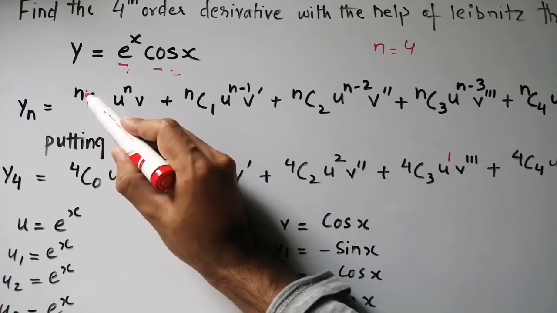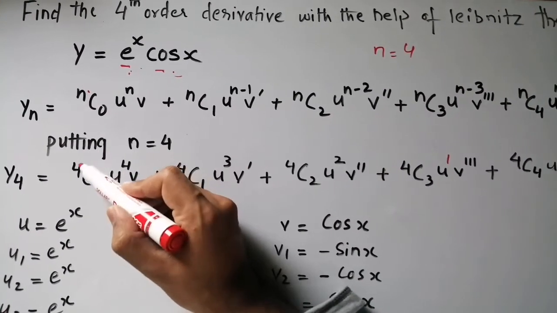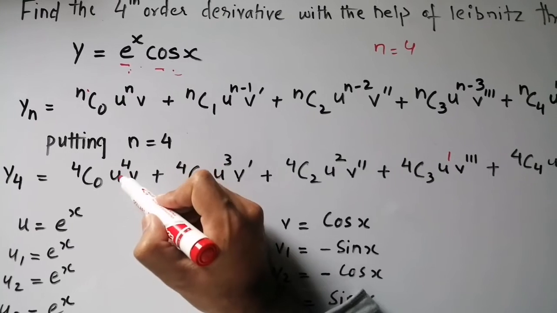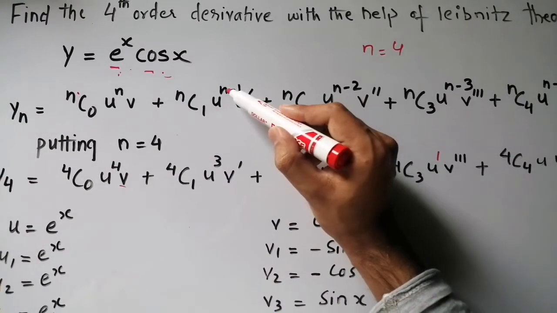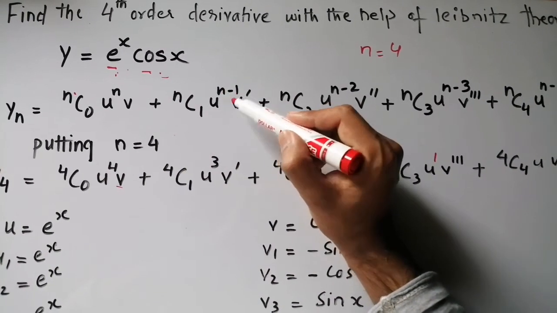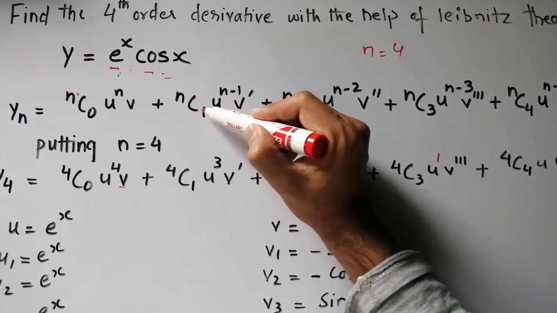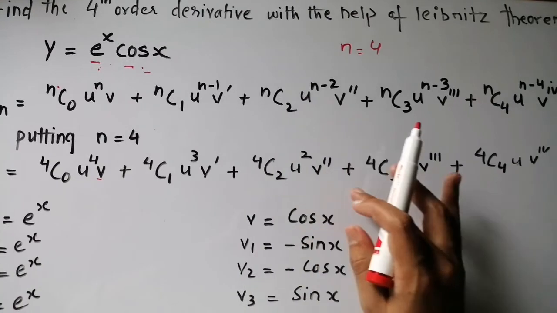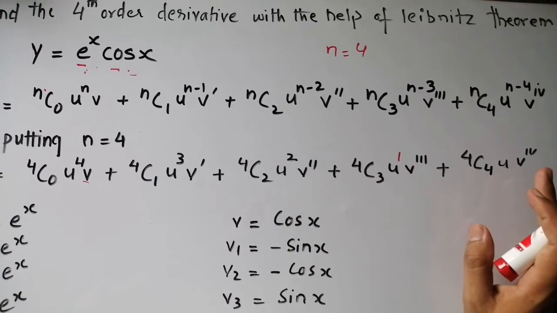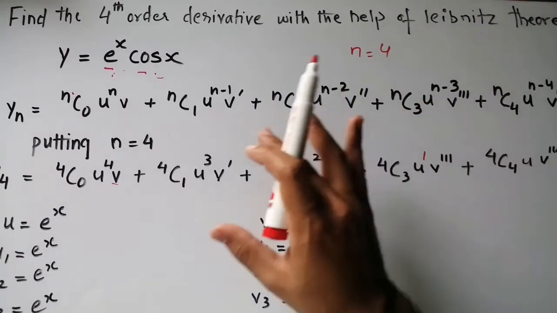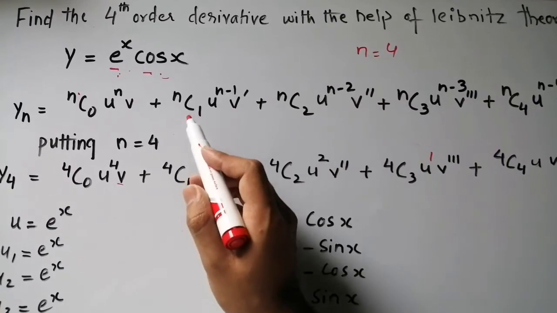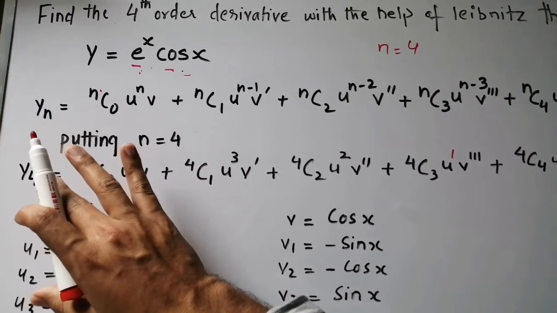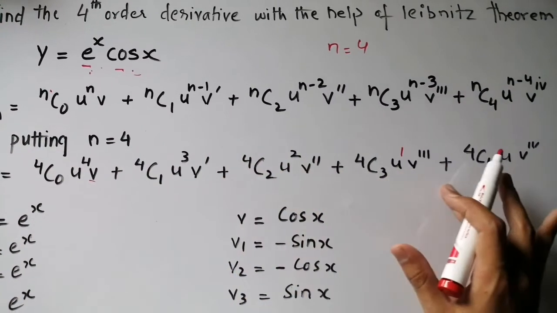Like you can see, nC0 is now 4C0, u_n is basically u for v. Same is the case here, n minus 1, that is 4 minus 1, 3, and nC1 will have become 4C1, and in a similar fashion all the n are replaced by 4. So after substituting 4 in the above equation, the final equation to find the fourth derivative is this.